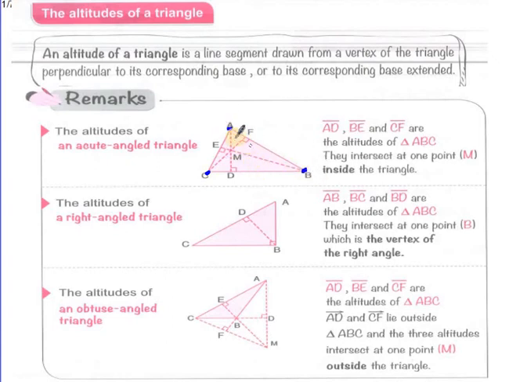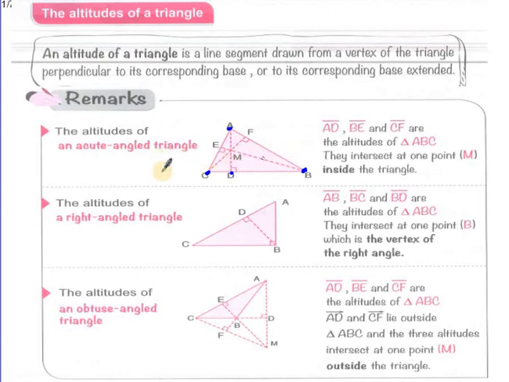So I'm going to use the set square and draw the perpendicular. I put the ruler here, and this is the vertex, so I want to make a perpendicular. It's like this.